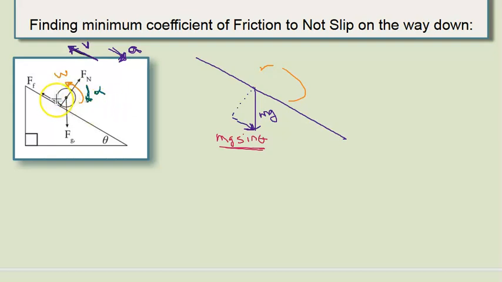And that's why friction has to be up the ramp, because we need it to create a clockwise torque. So imagine a bird's eye view of a merry-go-round, and we want the torque to be this way. You would need to push on it this way to make it rotate that way. So friction has got to be up the ramp.